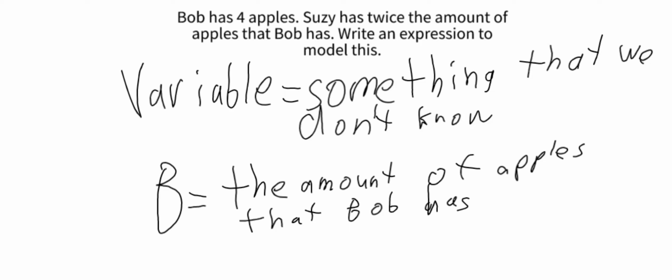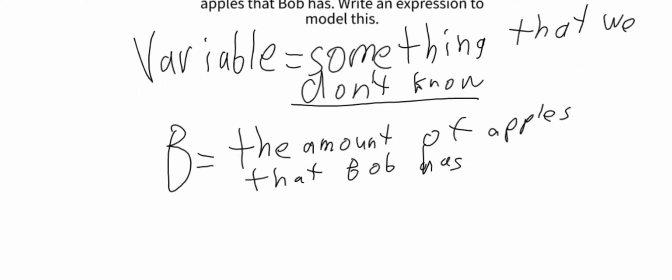Now, we could make this B or C or D, it just has to be something that we don't know. And we do actually know that Bob has 4 apples, but just for now, let's pretend that we don't know that.